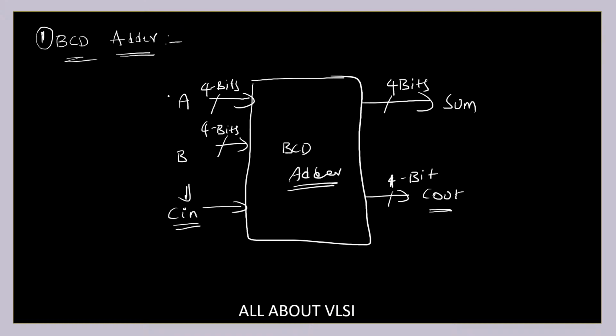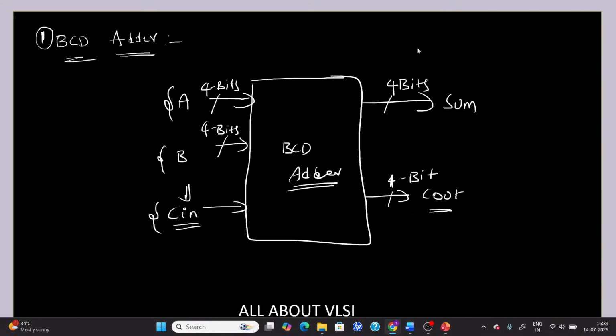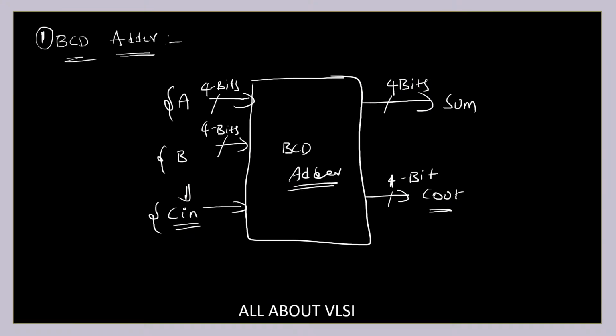Now, if I'm going to have A of 4 bits and B of 4 bits and C in of 1 bit, what is the maximum sum I'm going to get? If A is of 4 bits, B is of 4 bits and C in of 1 bit, what is the maximum sum I'm going to get over here? Anyone wants to answer?